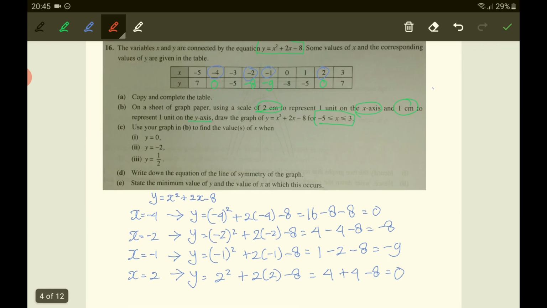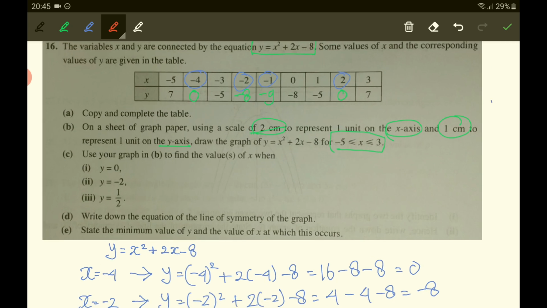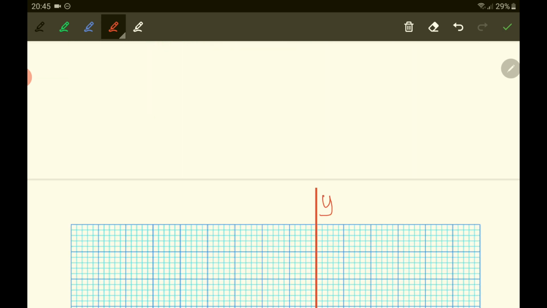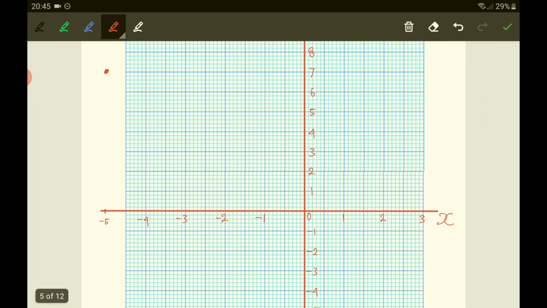The second one is minus 4, 0. The previous one was minus 5, 7. Now the x is minus 4 and the y is 0, so we get here. That's the second.